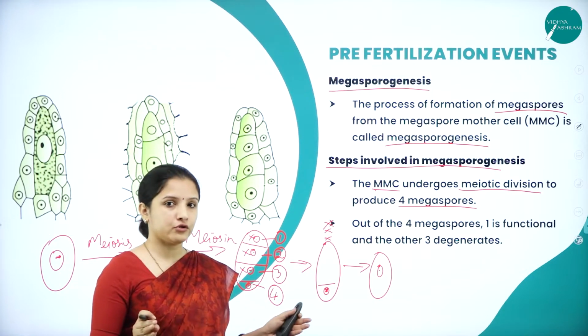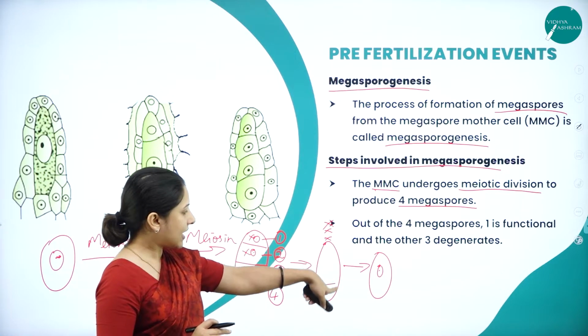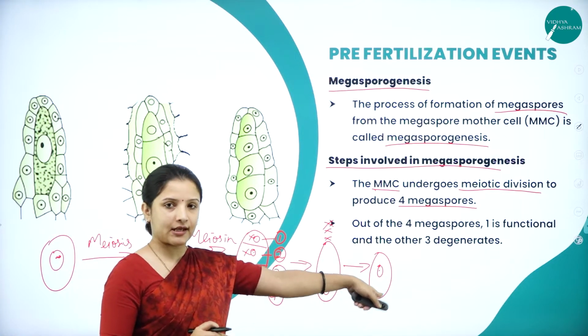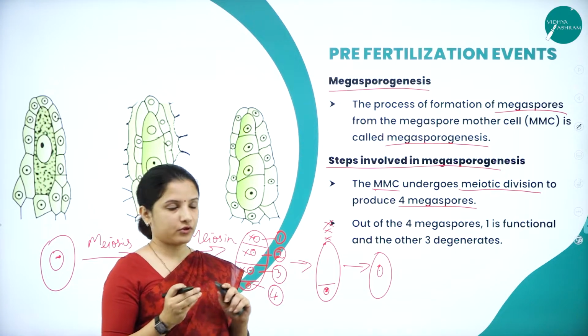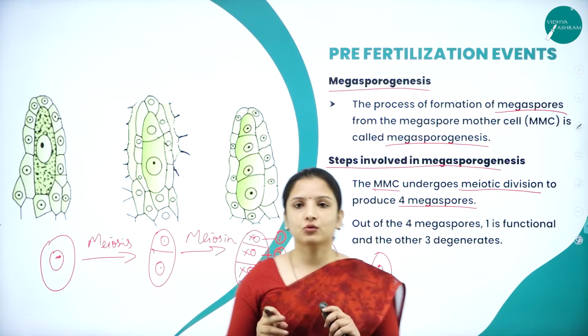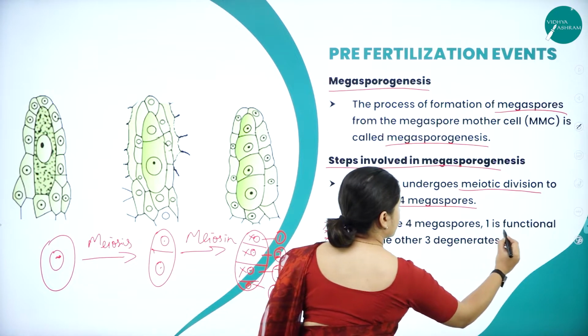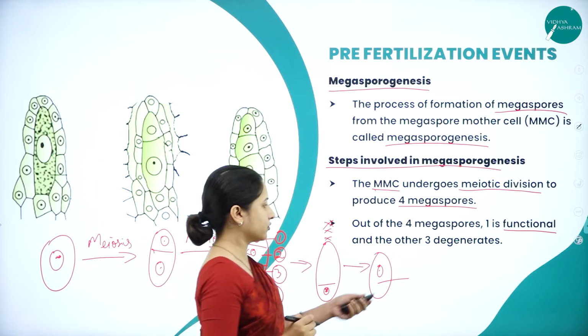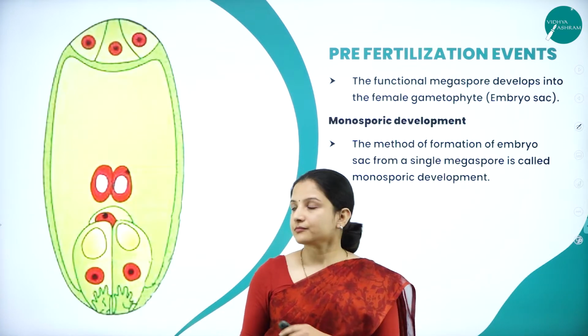They are of no use. Only 1 will be retained, and only that 1 megaspore will produce the embryo sac. Only this one is the functional megaspore.